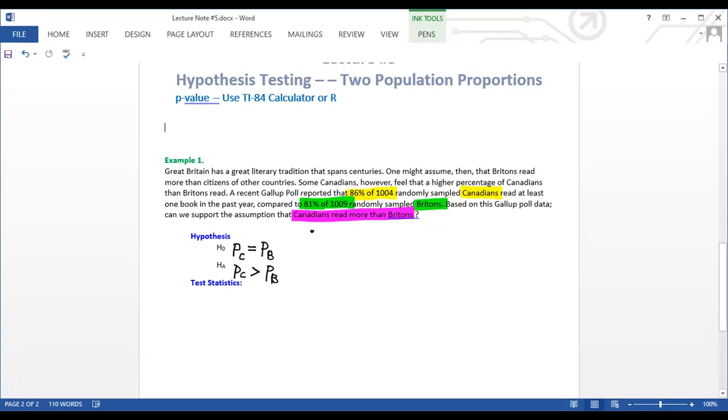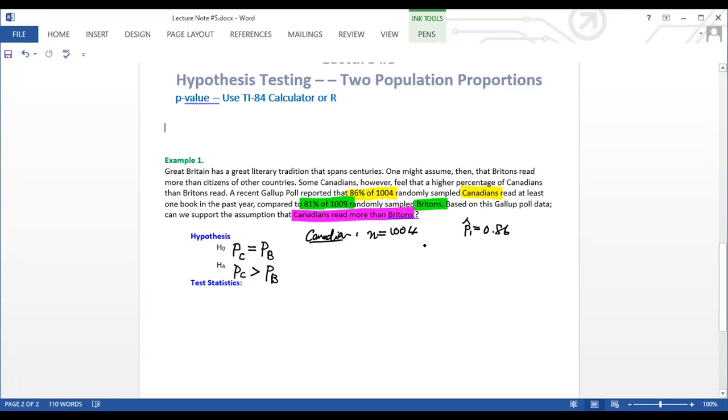For the Canadians, the survey had N equal to 1004. I did not have X1, but they gave me P1 hat, which is 86%, so 0.86.